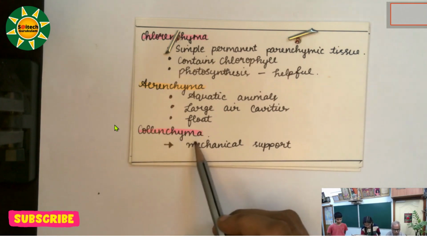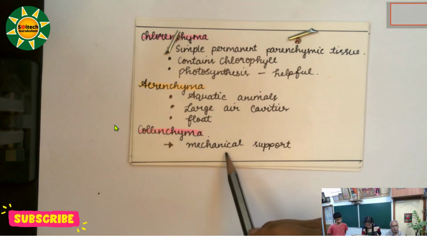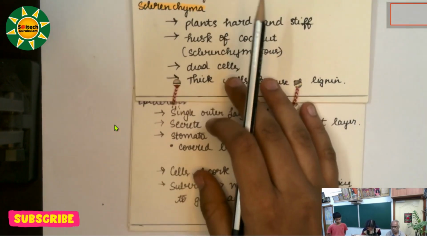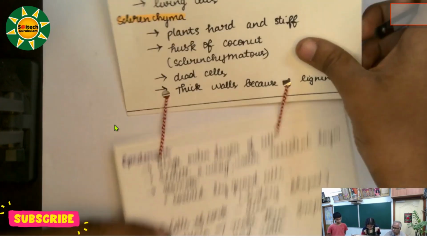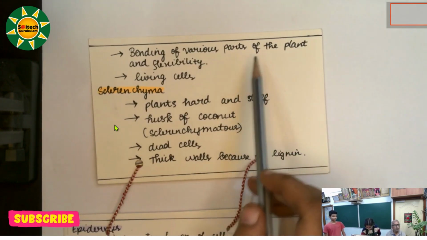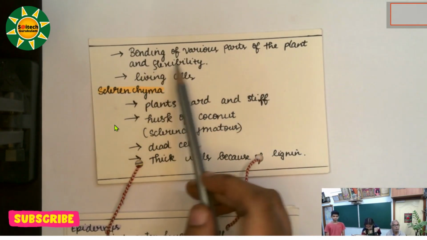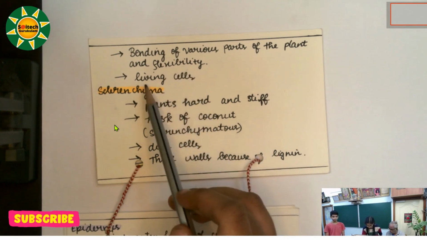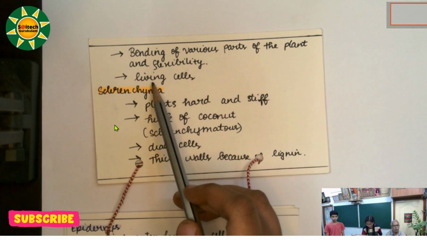Now coming to collenchyma. Collenchyma provides mechanical strength for the plants for bending. It allows easy bending of various plant parts and provides flexibility to plant parts like stems and climbers. Mostly the cells in collenchyma are living.